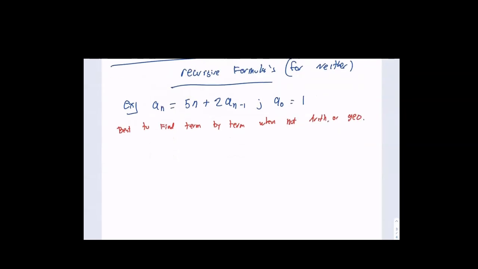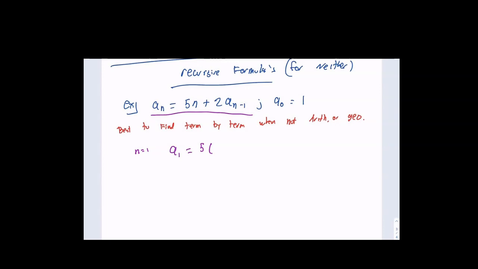Okay, so what do I mean by that? Well, let's find A1. So n is 1 here. Let's find n equals 1. So A1 is equal to 5 times 1, plus 2 times A sub 0. We're using the formula here. Wherever I see an n, I'm going to replace it with 1.